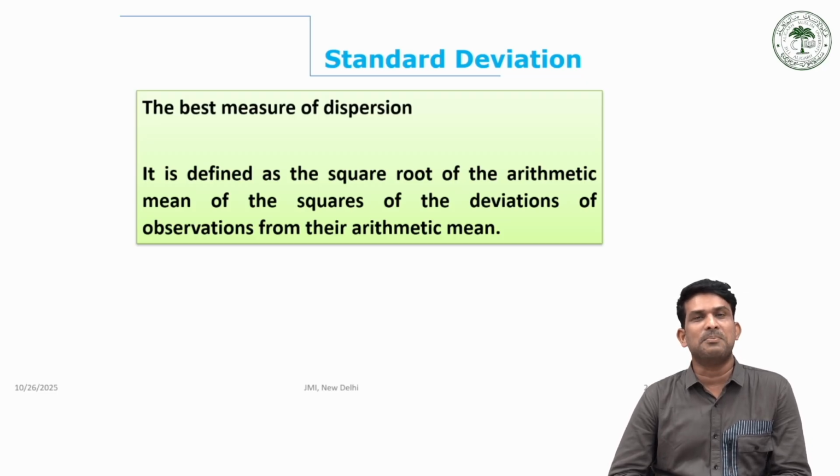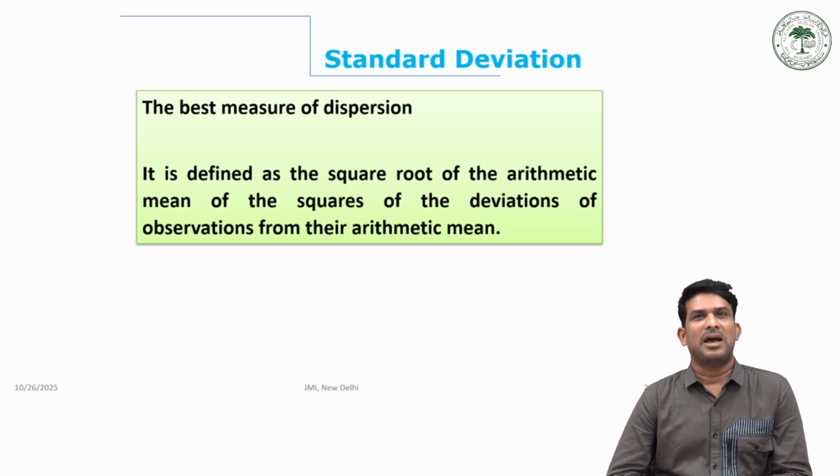Before that, let us define standard deviation once again. Yes, as the best measure of dispersion, standard deviation is defined as the square root of arithmetic mean of squares of deviations of observations from their arithmetic mean. It is very clear. How do we mention it?